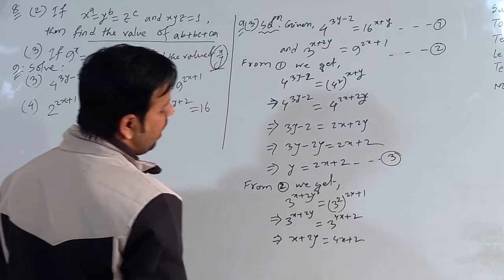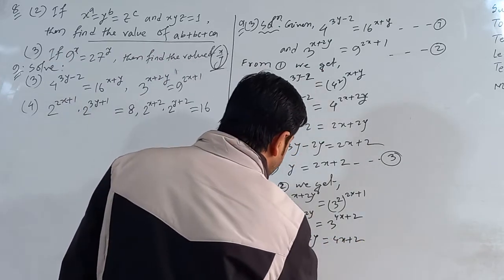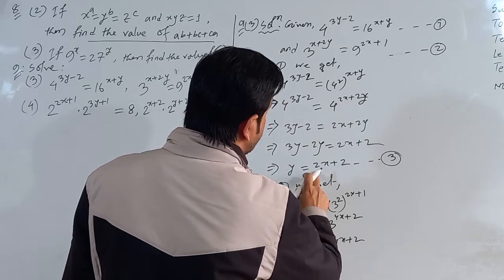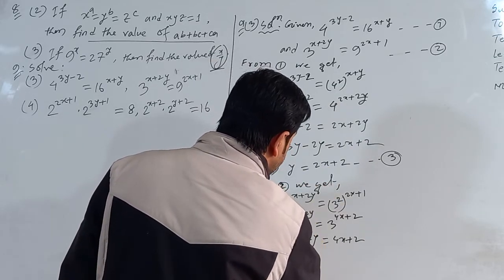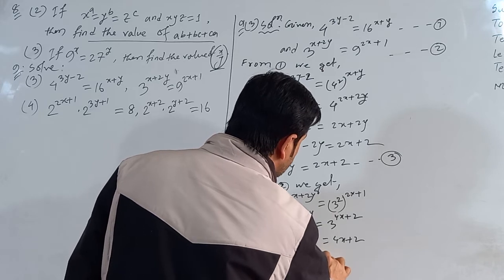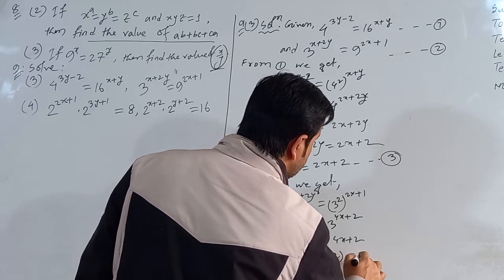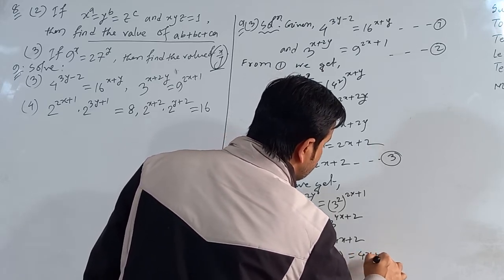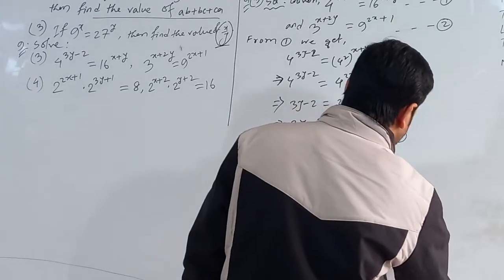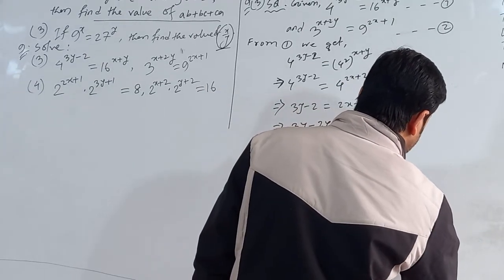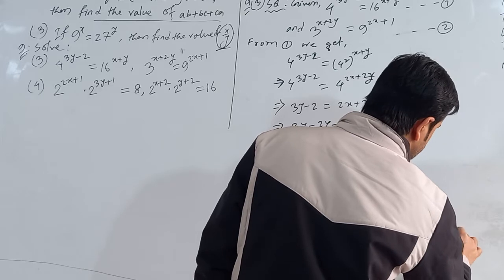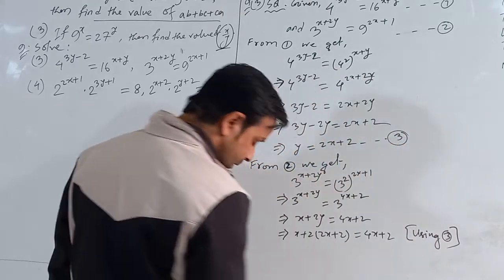Okay dear students, so now replace y by 2x plus 2. We can write x plus 2 into 2x plus 2 equal to 4x plus 2, using equation 3.